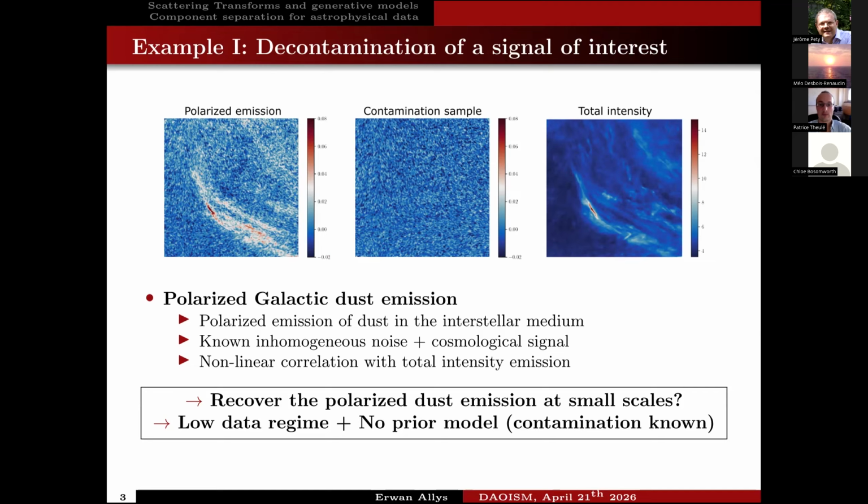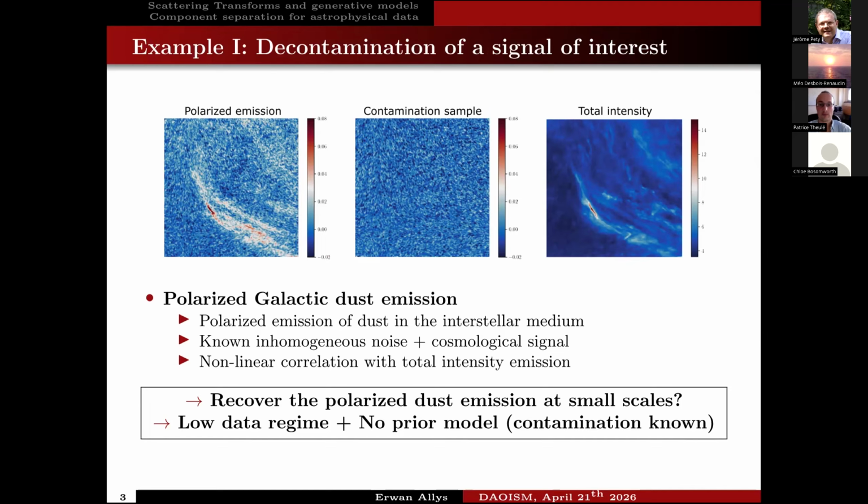Here we are in a case where we have a good idea of what the noise and the CMB are. Here you have a sample of the contamination. We have a model. And actually, we can also look in total intensity, and we have a good idea of what the signal is because we have a much better observation. But the link between total intensity and polarized emission is very complicated. It's not a one-to-one correlation, and it's very difficult to use.